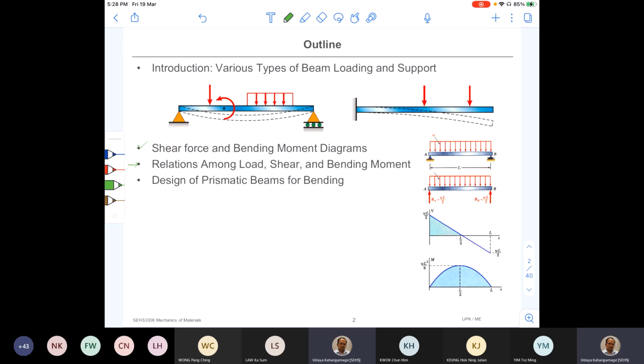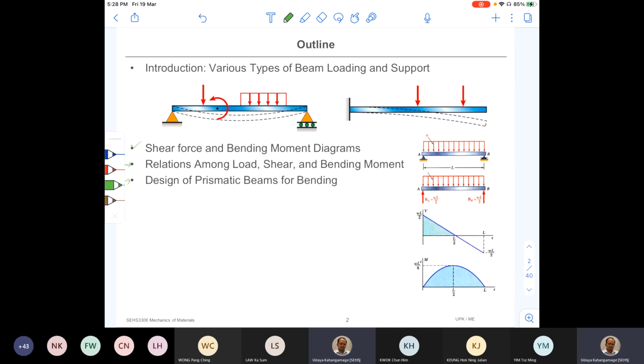And then I will teach you a faster method of constructing those diagrams for complicated problems. Okay. And lastly, with that knowledge, I will teach you how to design a beam. Okay, that's the plan. So I will do the first two today, the remaining two next week.